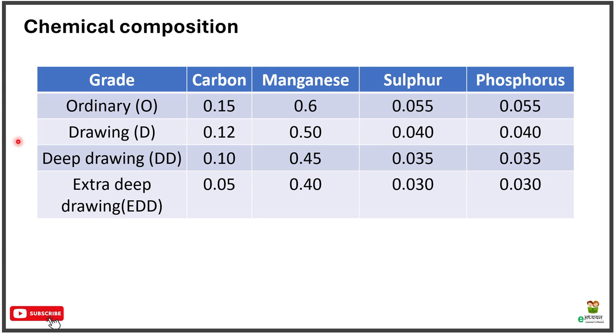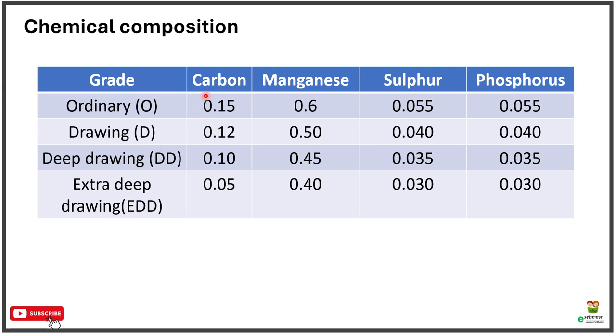Then chemical composition for ordinary grade is carbon 0.15, manganese 0.6%, sulfur 0.055, and phosphorus 0.055. Similarly, drawing quality D has even lower carbon 0.12 and manganese also lower 0.5, sulfur 0.04, phosphorus 0.04.